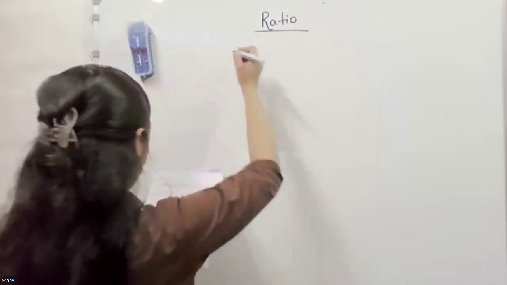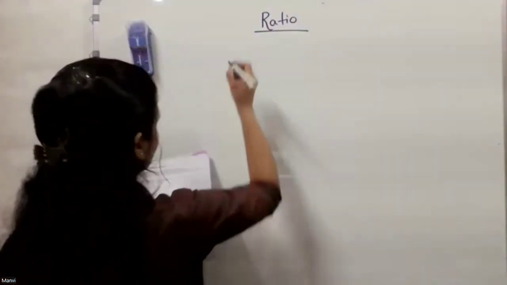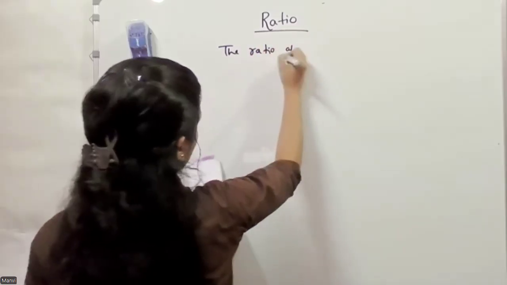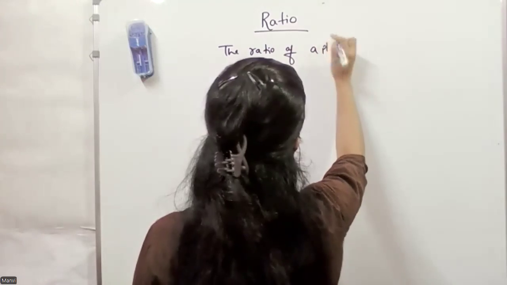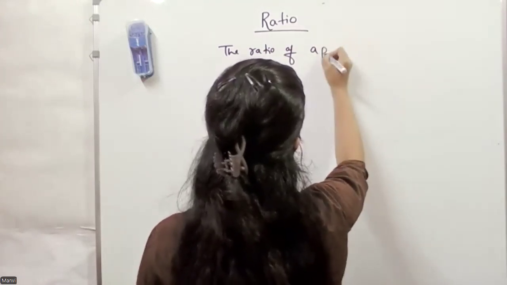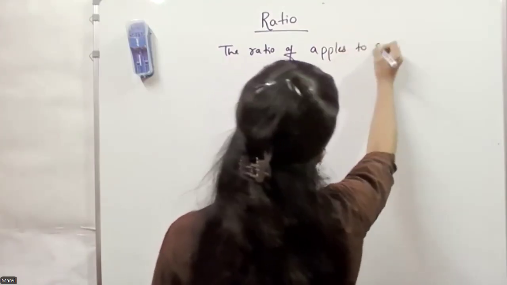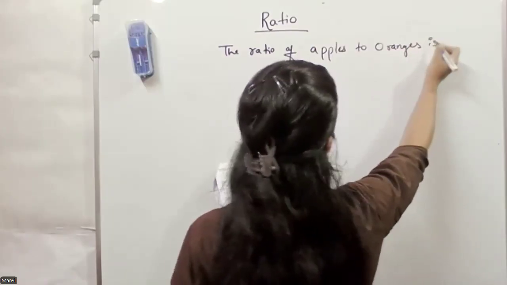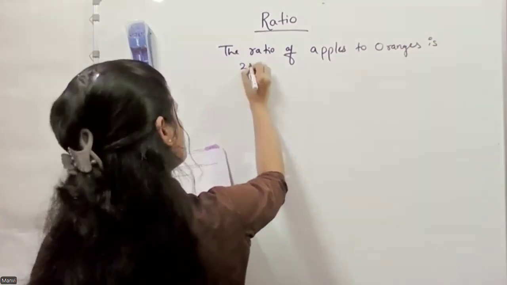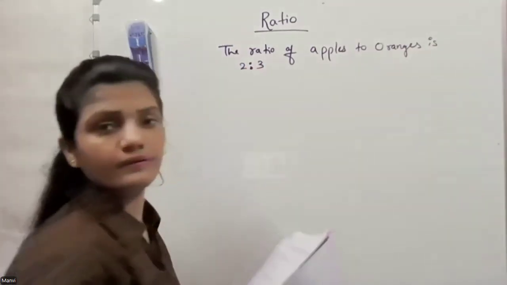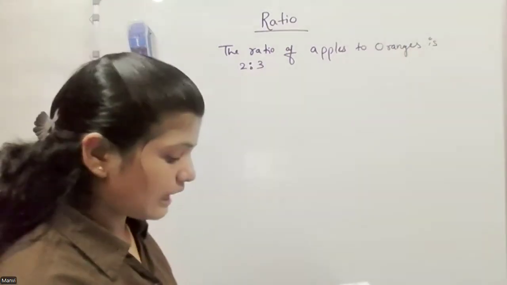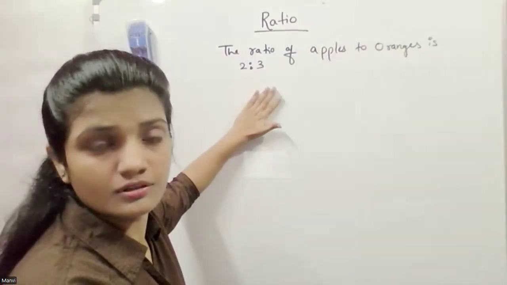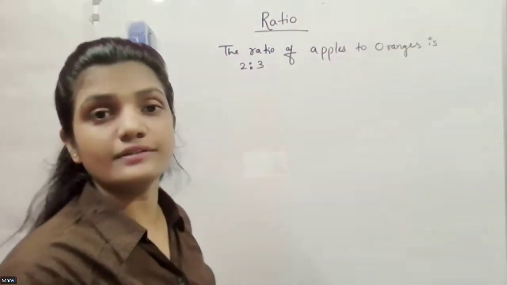The ratio of apples to oranges is 2:3. Okay? Now we need to convert this into fractions. So how can we do that?